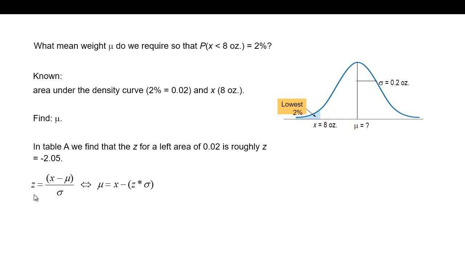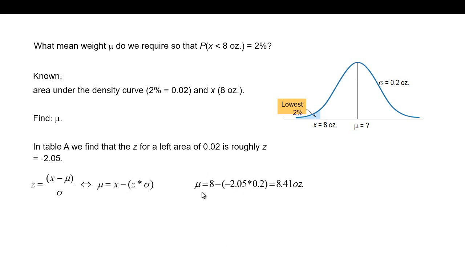Now we know that z is equal to x minus mu over sigma. From this formula, I can solve for mu and find that mu would be x minus z times sigma. Now x is 8, we found the z-score to be negative 2.05, and sigma is 0.2.